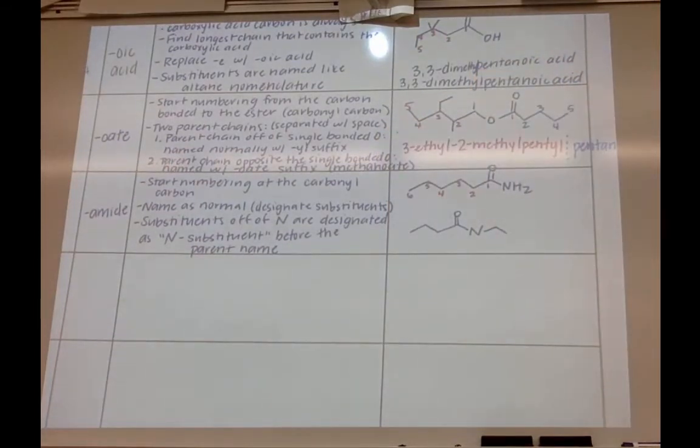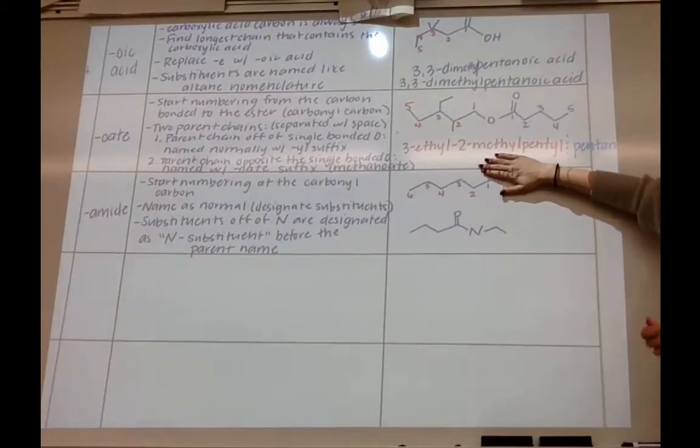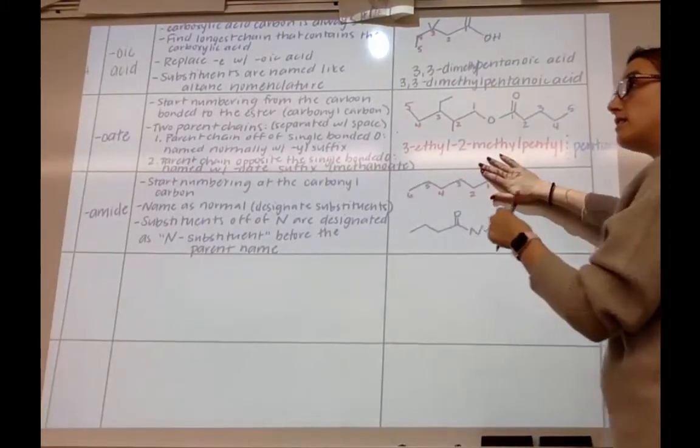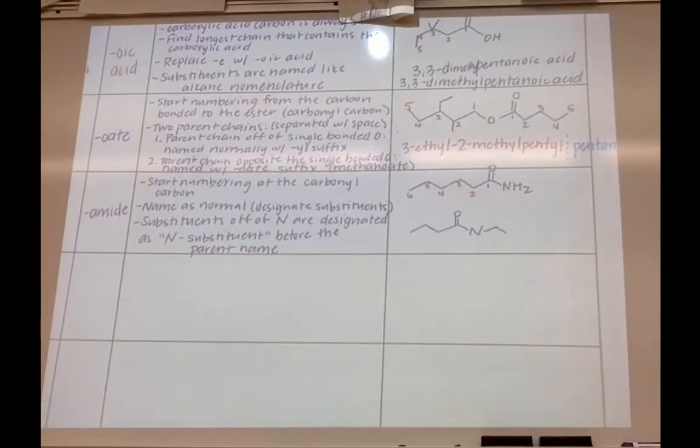That C double bond O NH2 is the amide. That doesn't count as a substituent. That identifies the parent chain and the ending. If this were all single bonds, what would this be? Hexane. When it comes to the ending, you just drop the E and add amide. So maybe we could add that in here in terms of the ending.